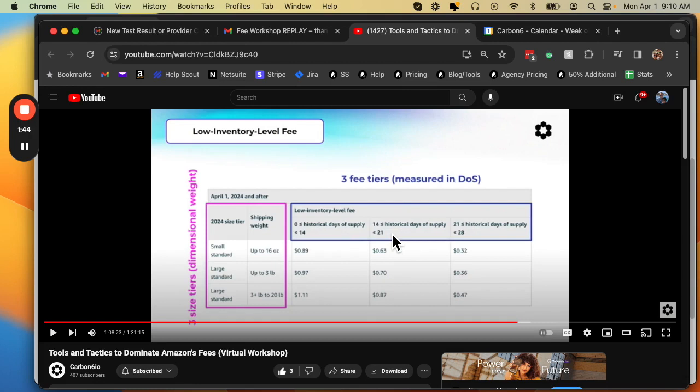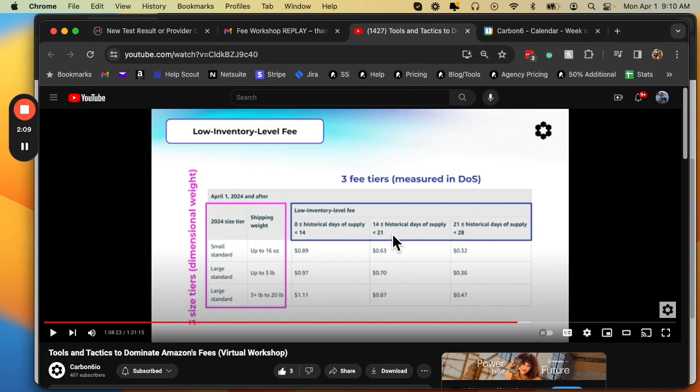The bottom line is, if you have a product where in the last 90 days rolling and also in the last 30 days rolling, that product has averaged less than 28 days of supply at Amazon FBA for that marketplace, Amazon will charge you a per unit fulfillment fee on top of your other fulfillment fees. It's called a fee stack.